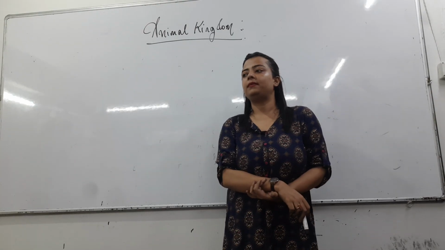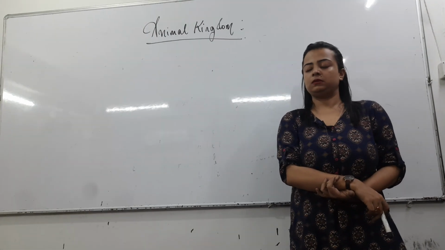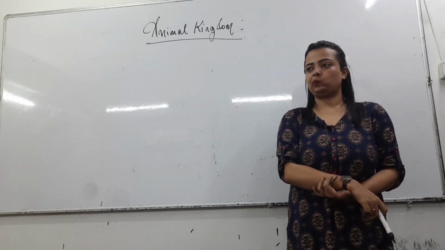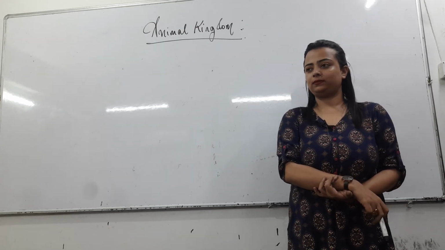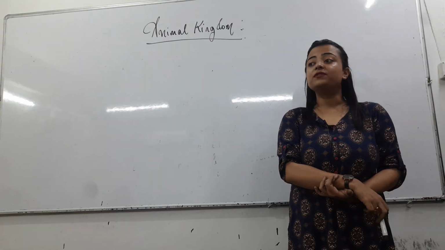Very important: the male Ascaris are smaller than the female ones. Then the nervous system consists of a brain and ganglia. What is ganglia? Structures consisting of nerve cells.